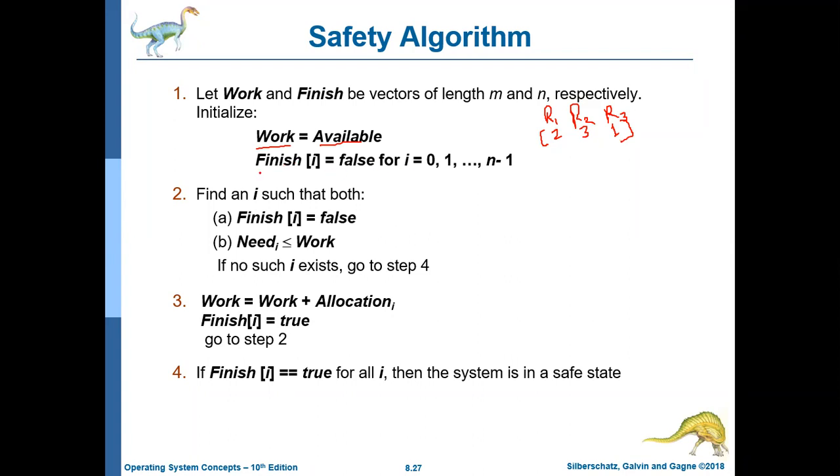Then let's say we have another array, that is finish, and you are setting finish[i] equal to false for i equal to 0 to n minus 1. If we have n processes, then finish will also have n different values, and everyone will be false. What is finish saying? Whenever the value is false, that process has not been executed till now.